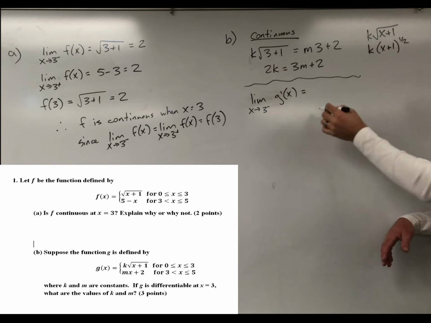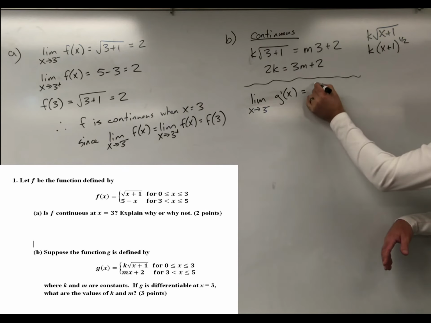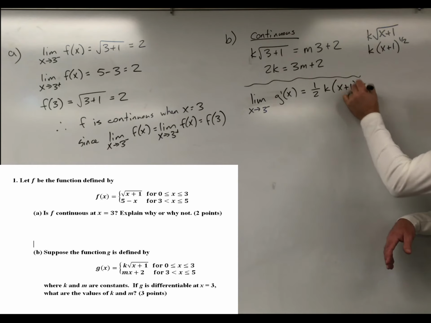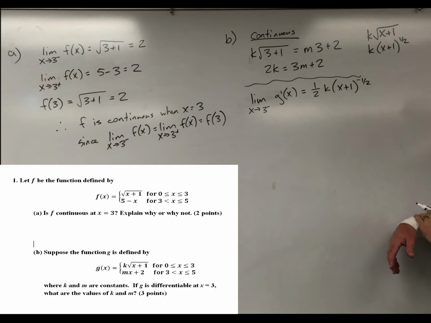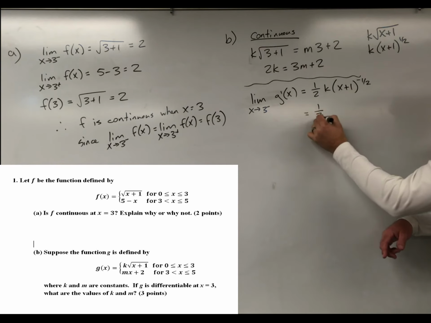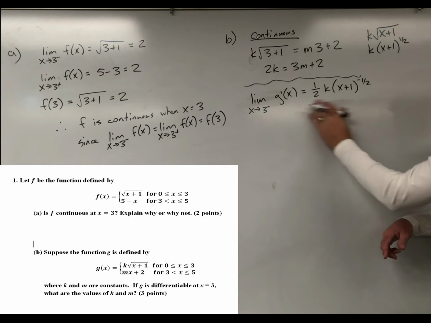And this is where a lot of you guys screwed up on your last quiz. What's the derivative of that if k is a constant? 1/2 k times x plus 1 to the negative 1/2 times 1, okay? And then we're going to plug in 3. Let me rewrite this real fast.